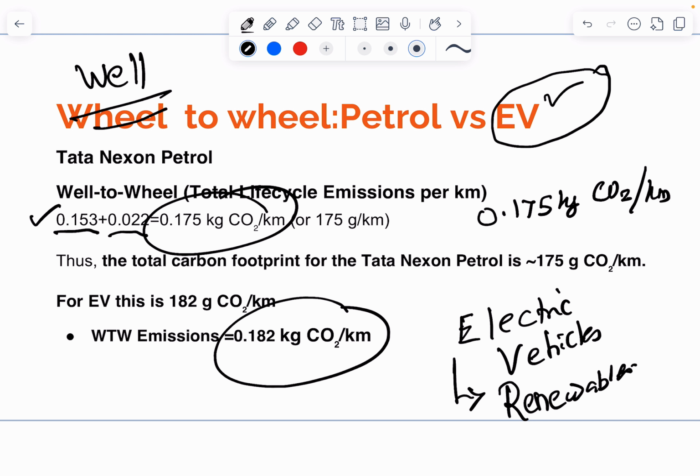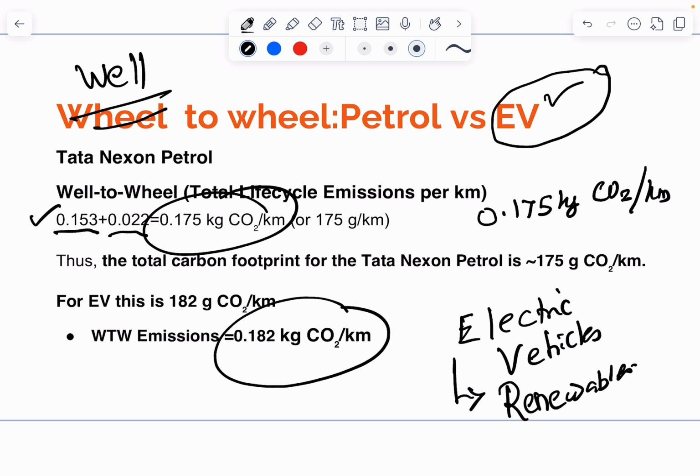Obviously, these numbers are very sensitive to the assumptions we are making, and that is why there is something called sensitivity analysis, which has to be done. For example, you can say that supposing in 10 years time the percentage of coal reduces from 70% to 50%, what would be the well to wheel analysis of petrol vis-a-vis the EV?